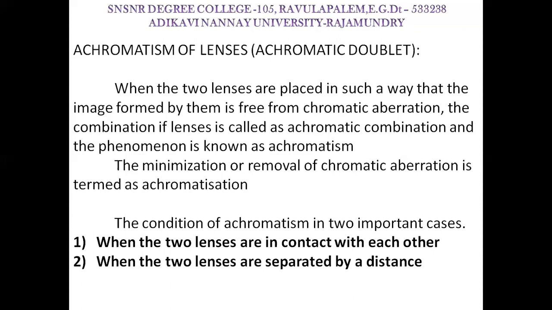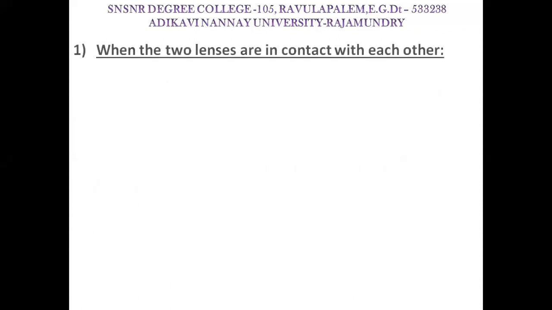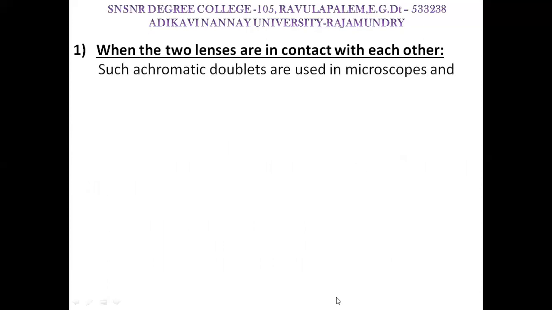We will discuss case by case. First case, when two lenses are in contact with each other. These types of achromatic doublets are used in microscopes and telescopes as objectives.